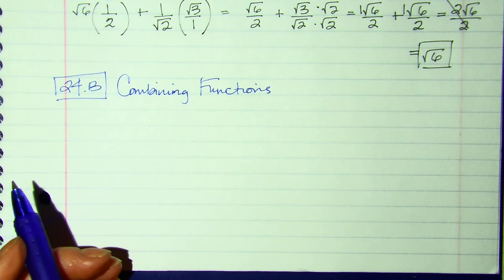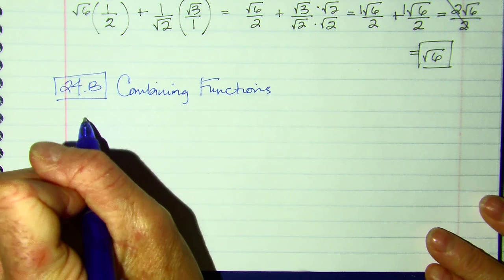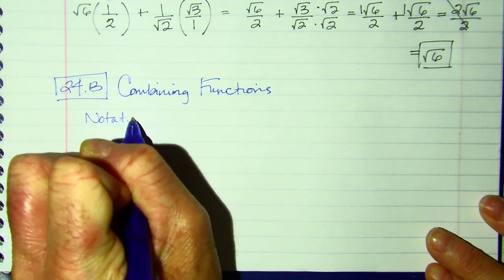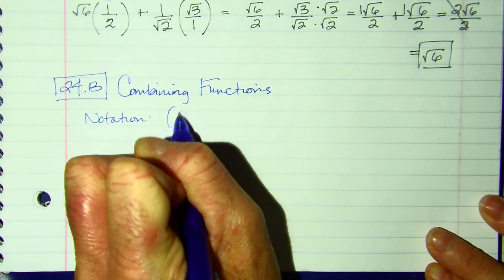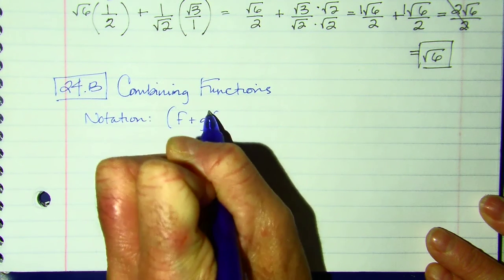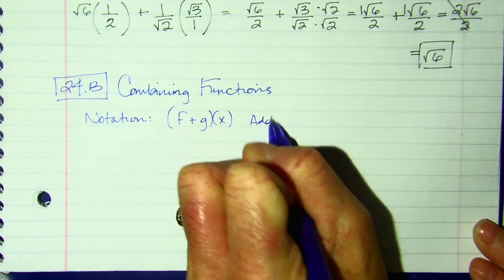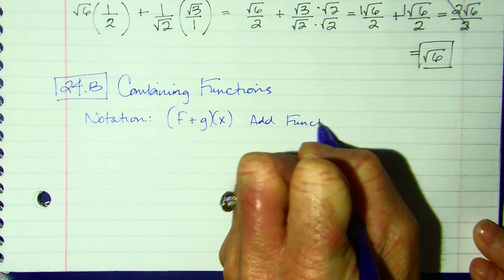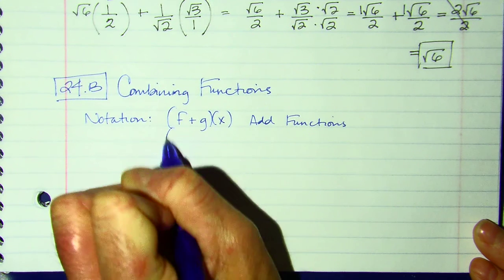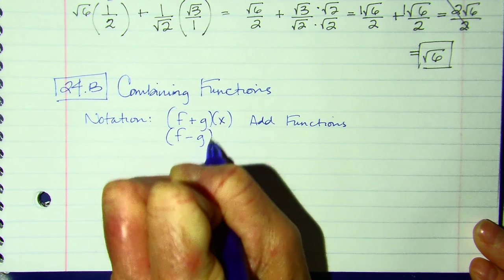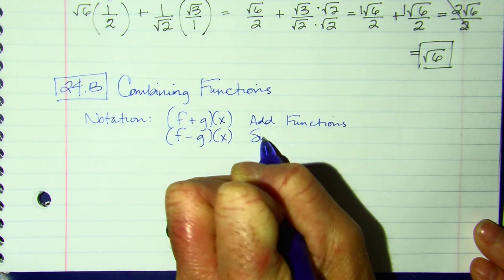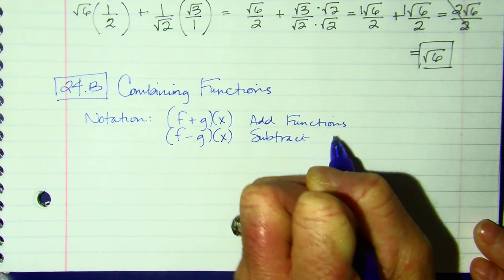So here is the notation. I have f plus g of x. This simply means I'm going to add my functions. The same would be f minus g of x would mean to subtract functions.